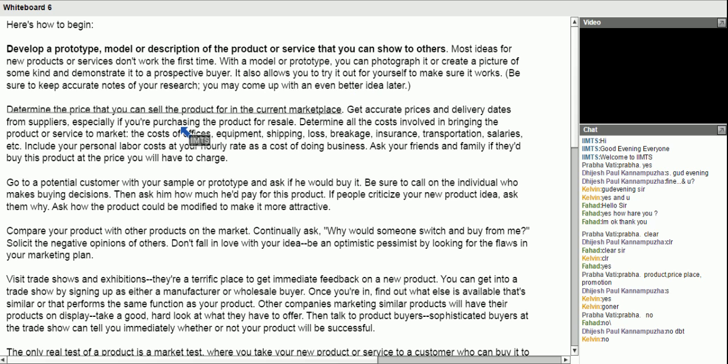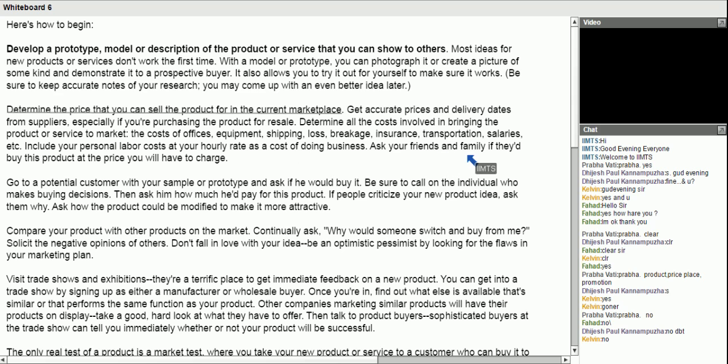Get accurate prices and delivery dates from suppliers, especially if you are purchasing the product for resale. Determine all the costs involved in bringing the product or services to the market, that is the cost of offices, equipment, shipping, loss, breakage, insurance, transportation, salaries, etc. Include your personal labor cost at your hourly rate as a cost of doing business.